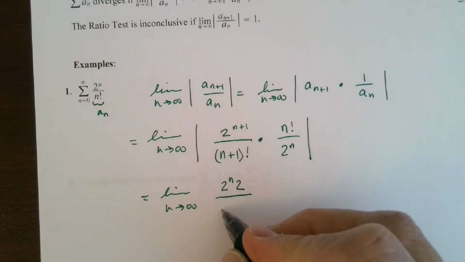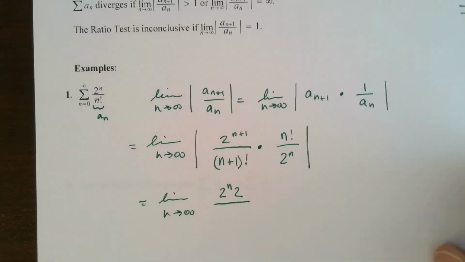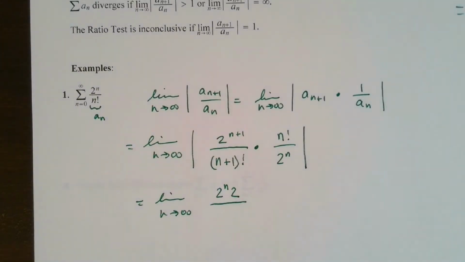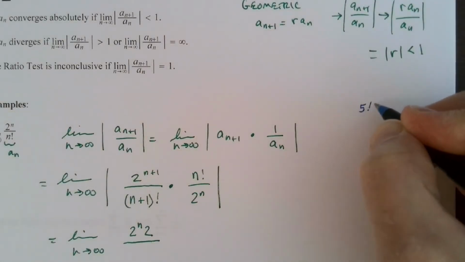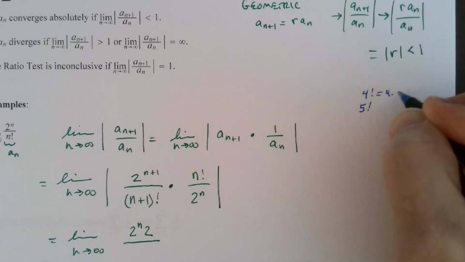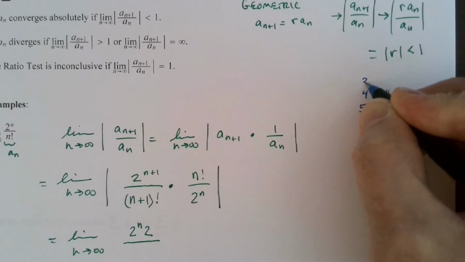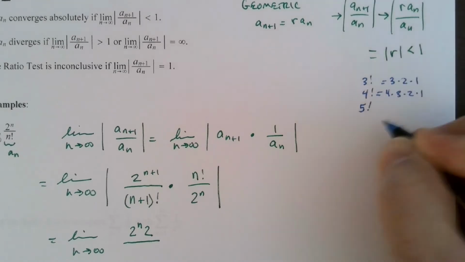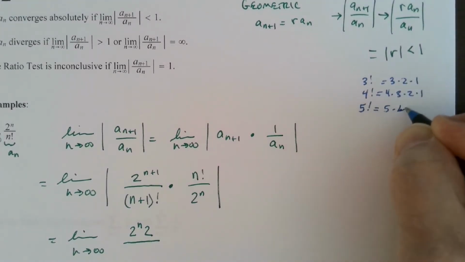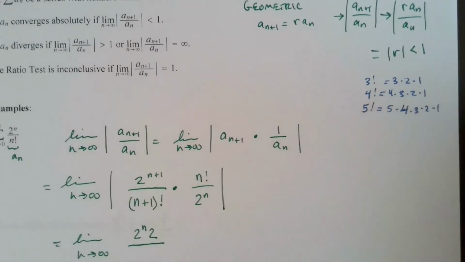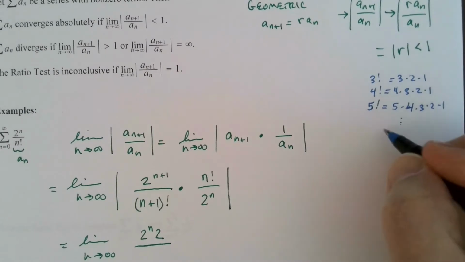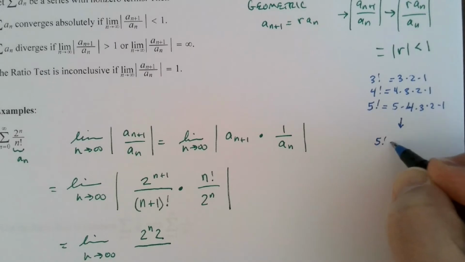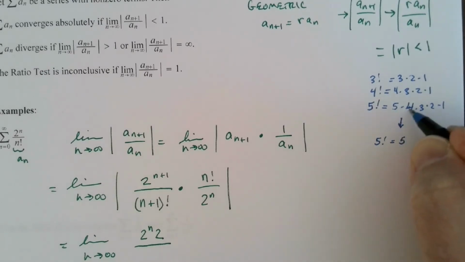And down here, I want you to think about (n plus 1) factorial. Remember how factorials work. This is a quick refresher. If I have, say, 4 factorial, 4 times 3 times 2 times 1, 3 factorial, 3 times 2 times 1, 5 factorial, 5 times 4 times 3 times 2 times 1, and so on. But the key is to note in these relationships that, for instance, 5 factorial is 5 times 4 times 3 times 2 times 1.